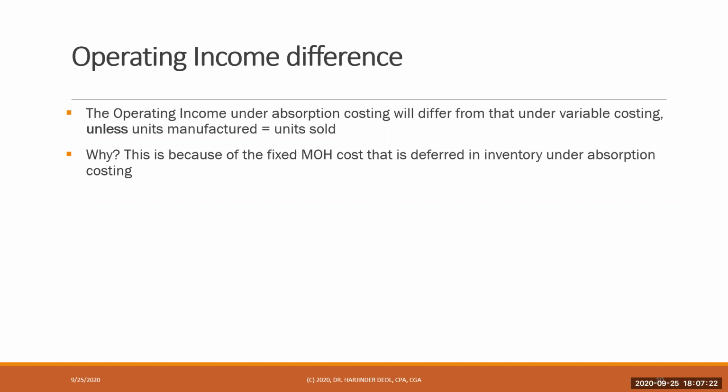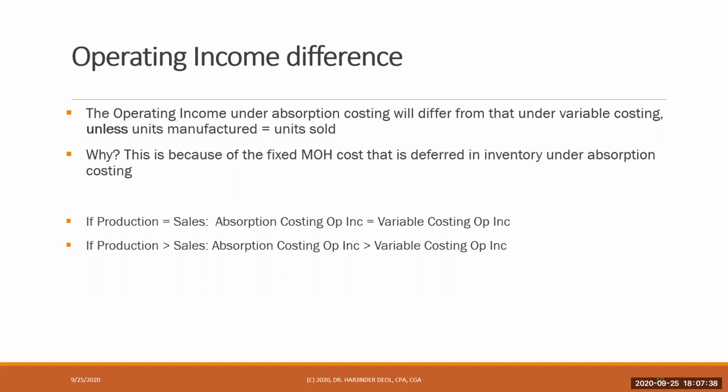So as a quick recap, if the number of units produced equals the number of units sold, you will likely get absorption costing operating income to be equal to the variable costing operating income.